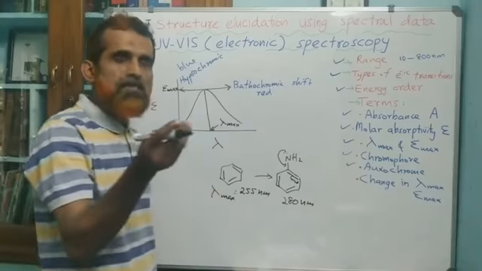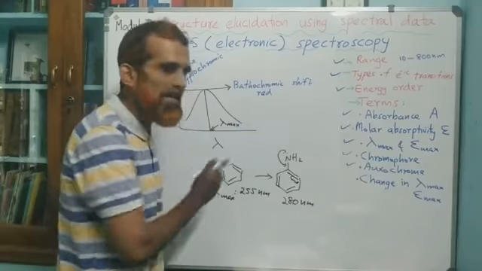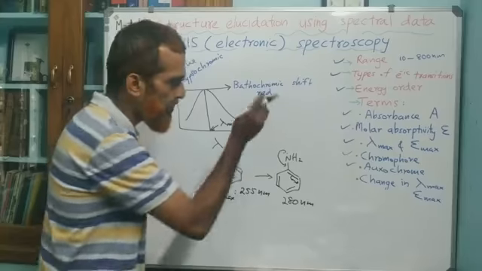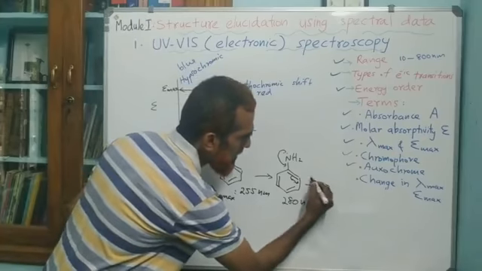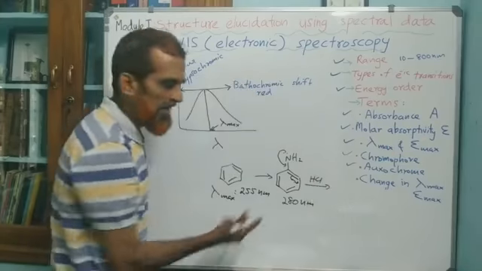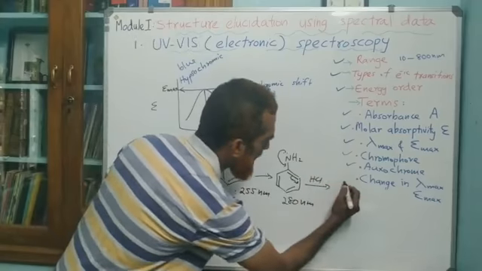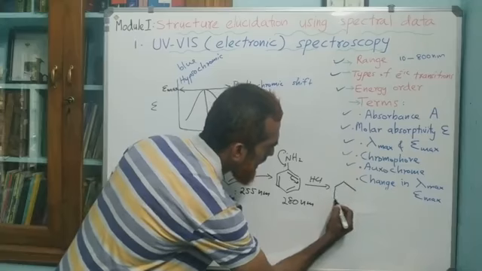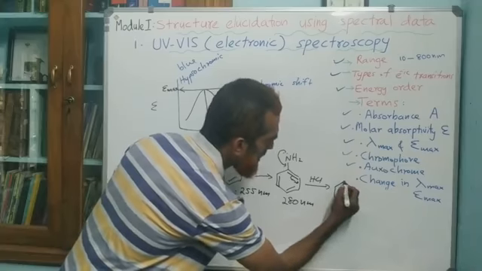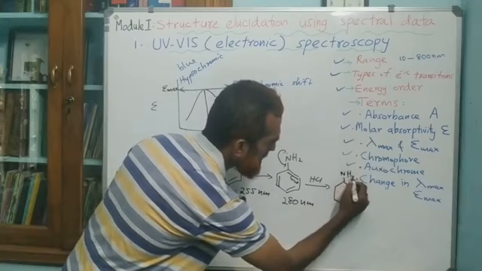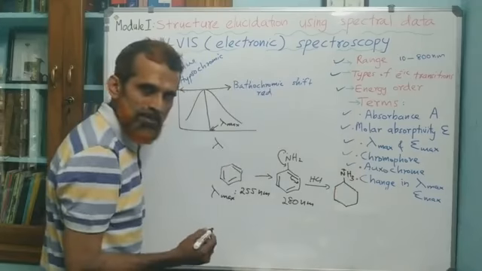Interestingly, if you add some HCl, acid, to aniline, you know aniline is basic. If you add HCl to this, what happens? H plus gets protonated on the aniline group, NH2 group. It becomes anilinium ion, right? It becomes NH3 plus, correct? You understand?